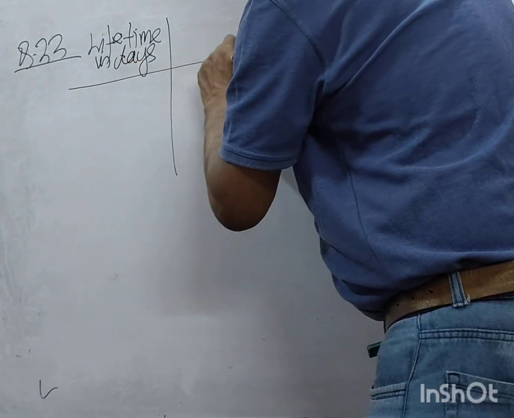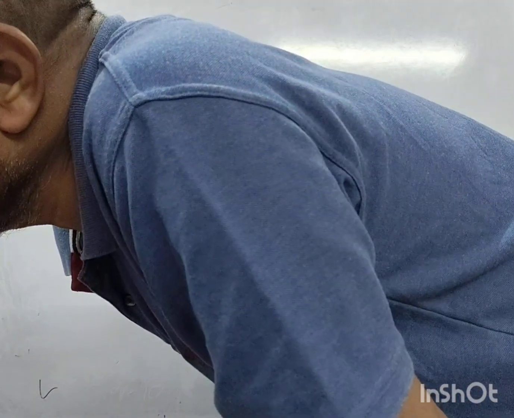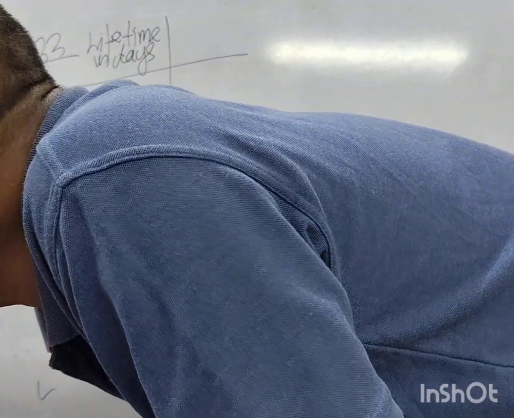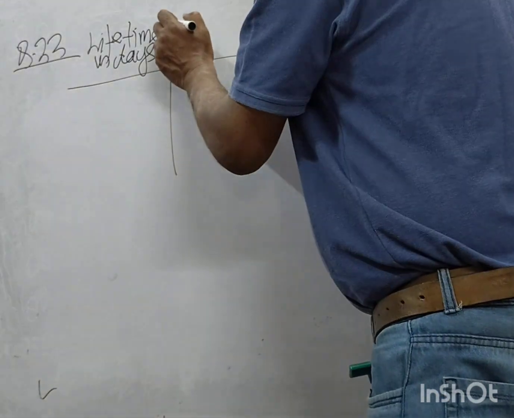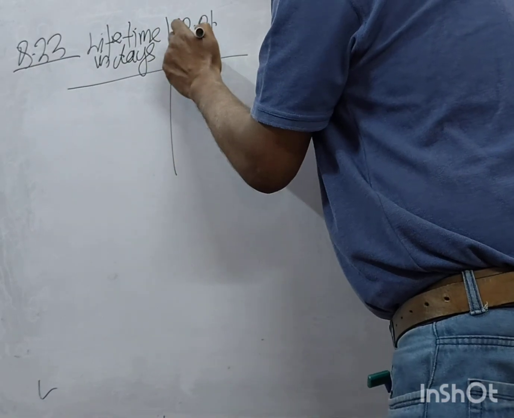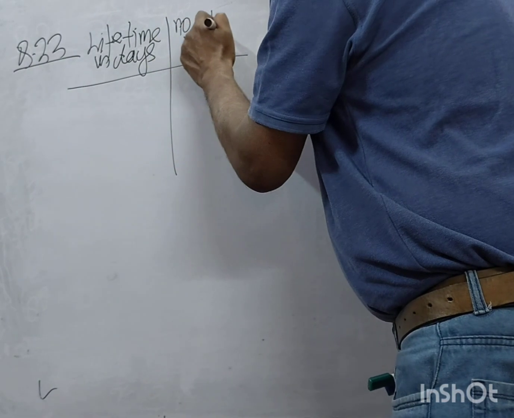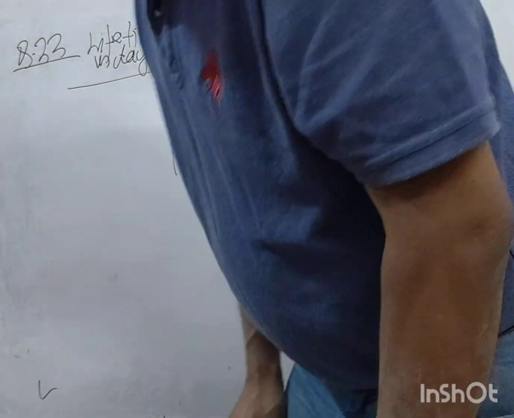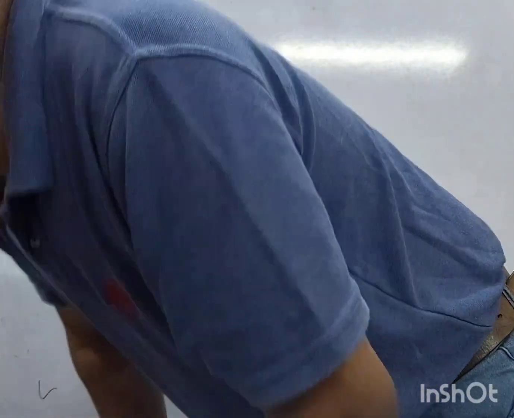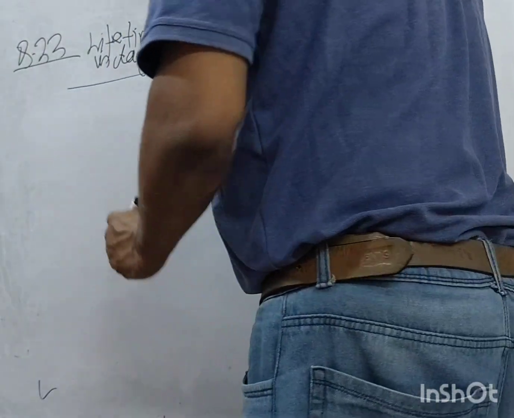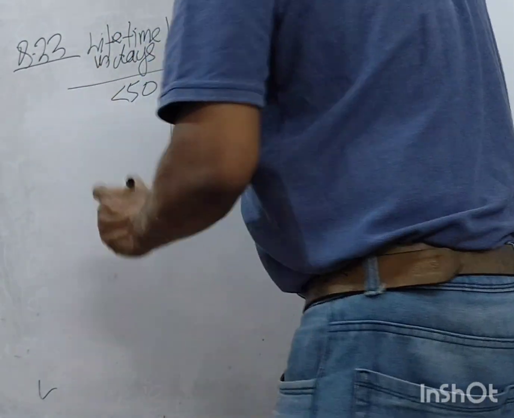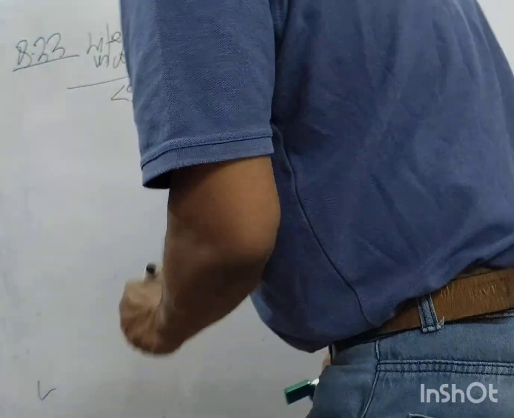Right? And number of tubes. You do not have books, so how can you say tubes? So less than 50 is 8.